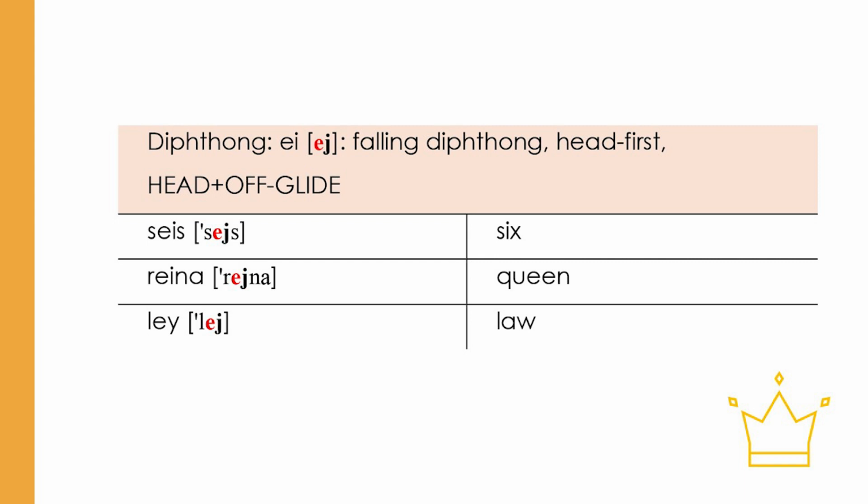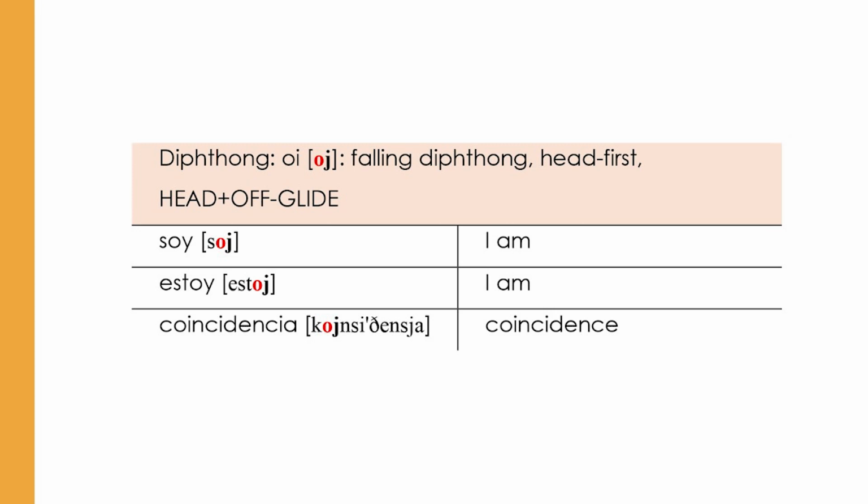What are the words? "Seis, reina." What about "hoy"? Diphthong, head first, therefore falling. It has an off glide. "Hoy, estoy, soy, coincidencia." So it's not "coincidencia" with two separate vowels, it's a diphthong.